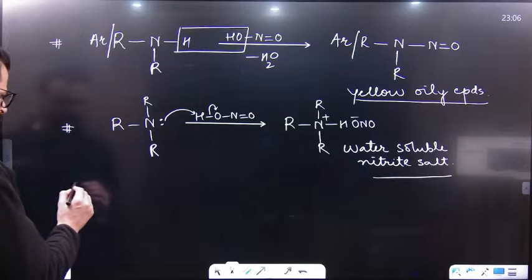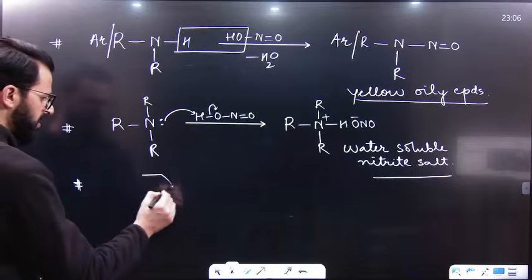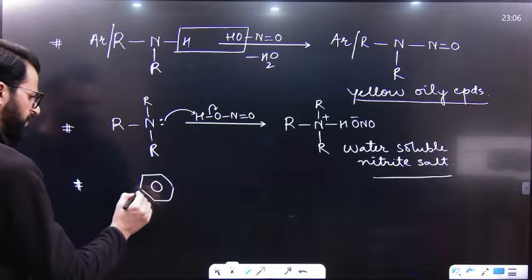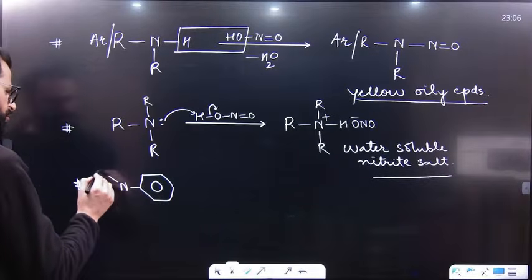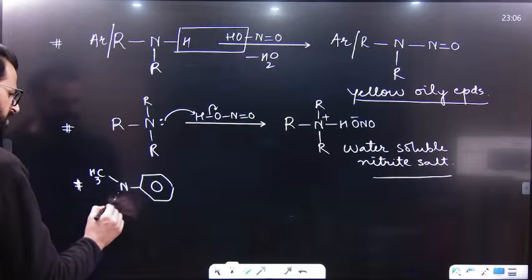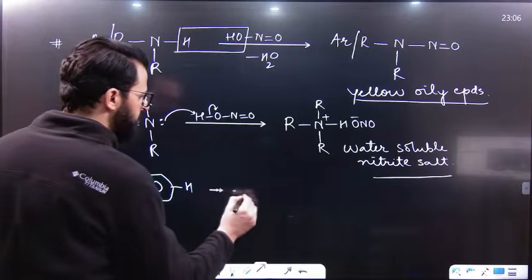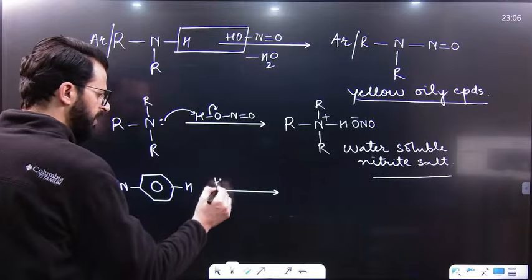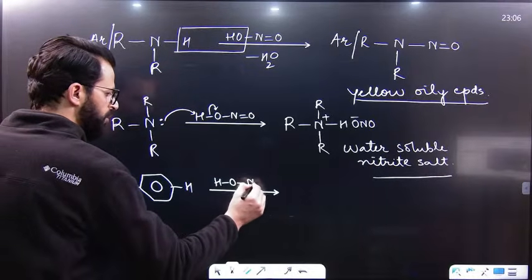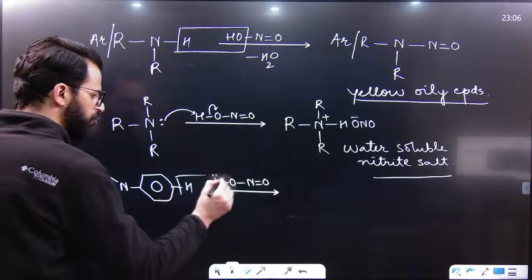Now if we have an aromatic tertiary amine like this, on treatment with nitrous acid it undergoes an electrophilic substitution reaction at the para position.